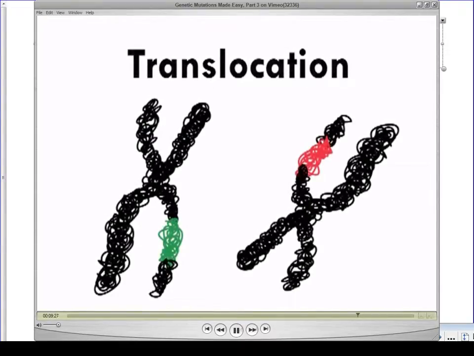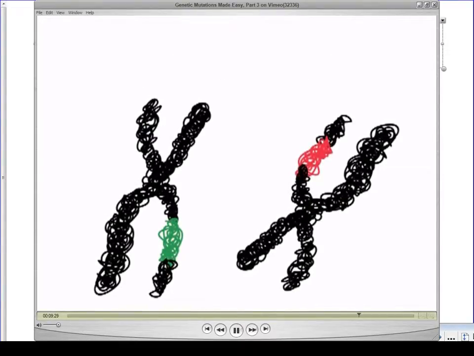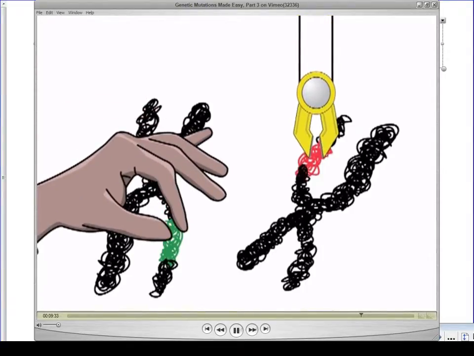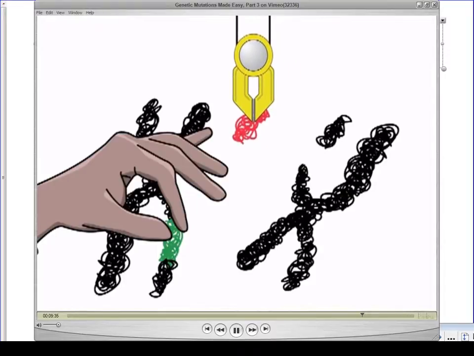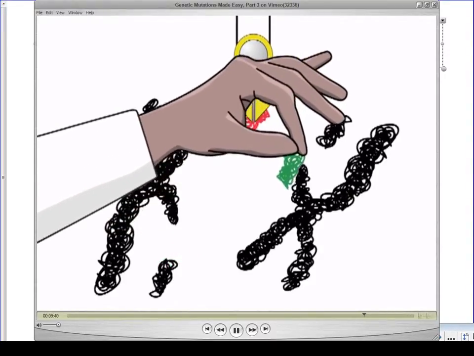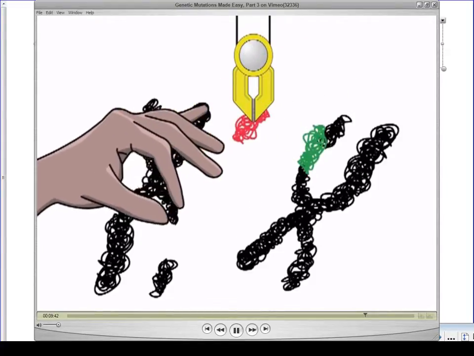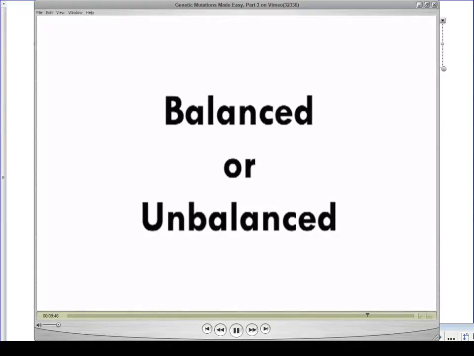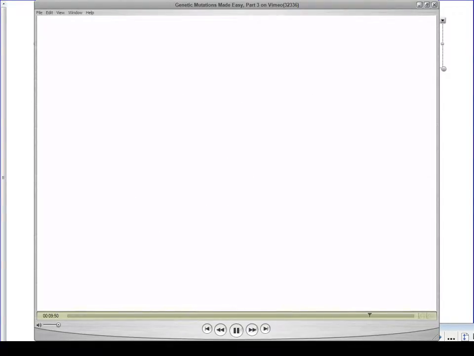Translocation is a type of large-scale mutation that involves 2 chromosomes. In this mutation, genetic material from the 2 affected chromosomes trade places. Just like an insertion, the affected chromosomes do not need to be next to each other. Translocation can cause a balanced or unbalanced exchange of material.